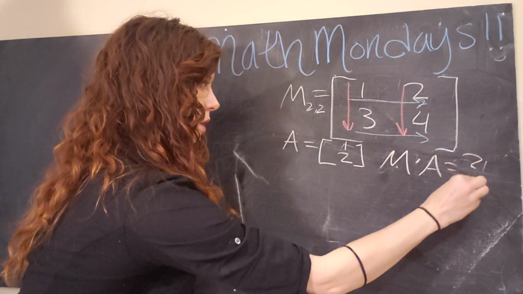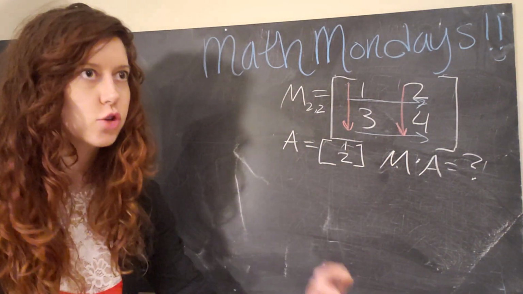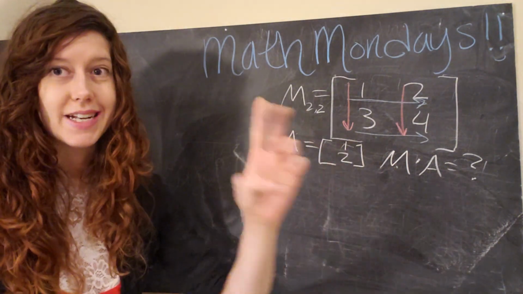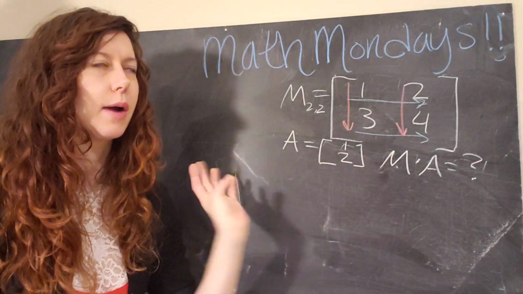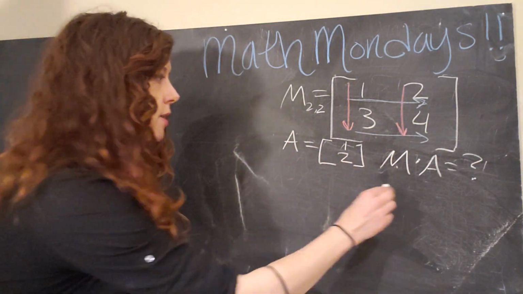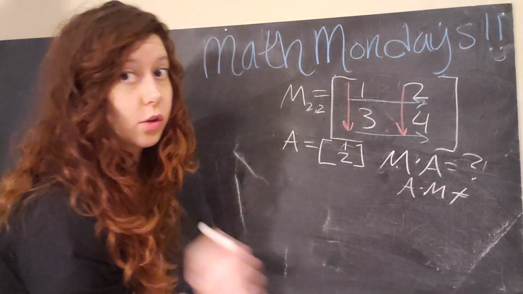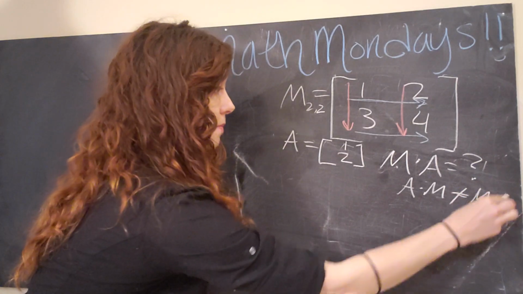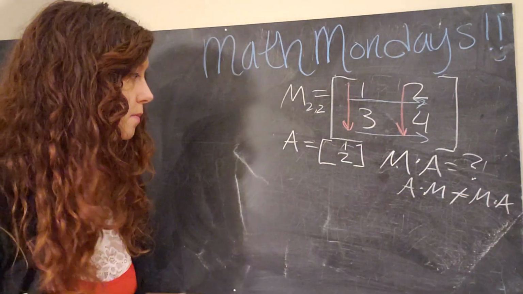You'll see why I switched the order in a second, because matrix multiplication is not the same. I want to say it's the commutative property. So A times M does not necessarily equal M times A. So again, this is where that new rule comes in.